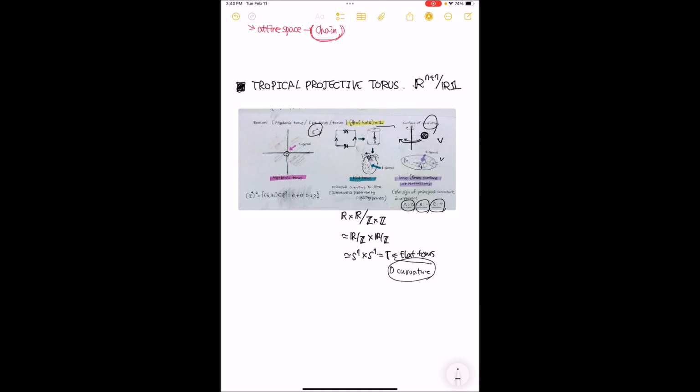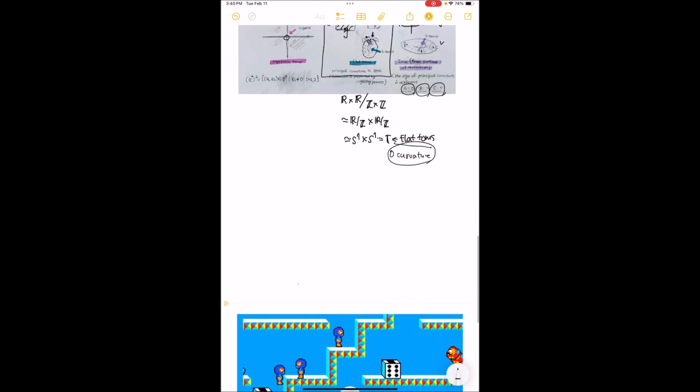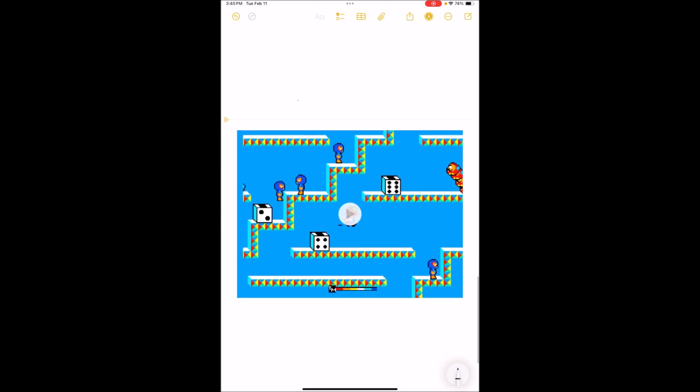When you observe this property, if we go left, right, up, down, our position comes back inside the scale. If we see this game, the Japan Sega Master System game from 1985, so-called Teddy Boy, we can see this property.